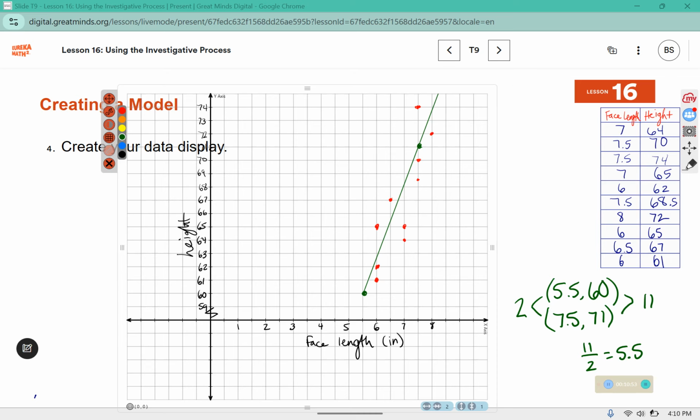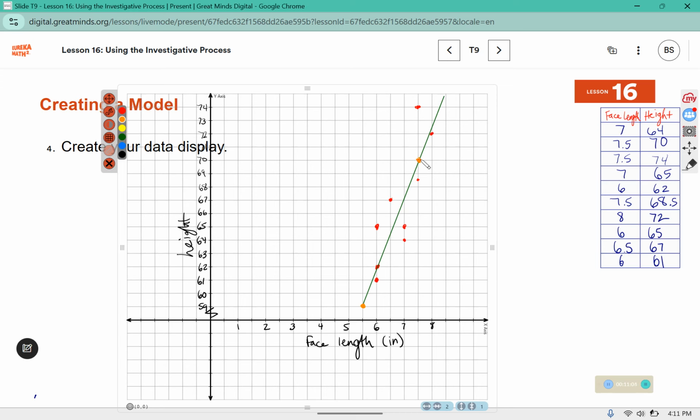We may need to adjust our trend line a little bit because we have 1, 2, 3, 4, 5, 6, 7 points below and only 3 above. In doing so, we have the point 7.5, 70, and the point 5.5, 59, which still comes out to a difference of 11 and 2.